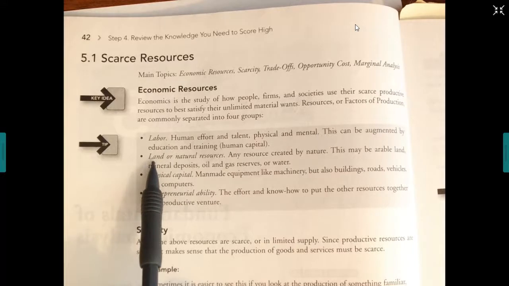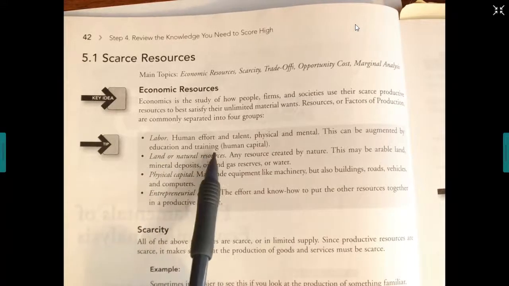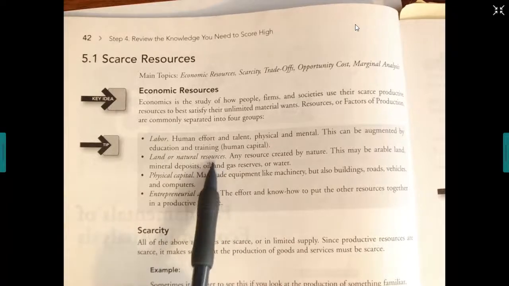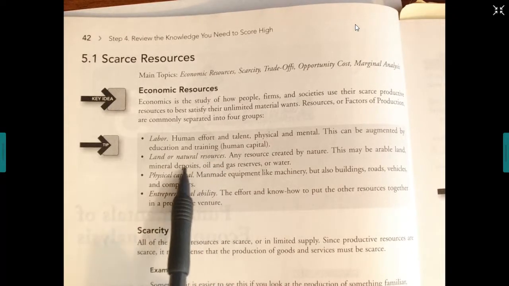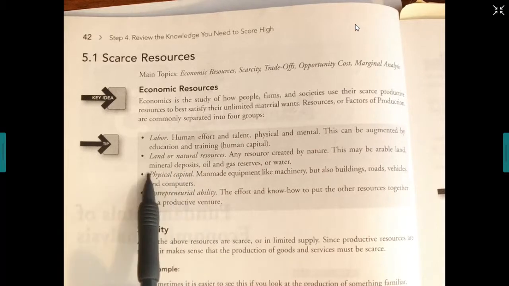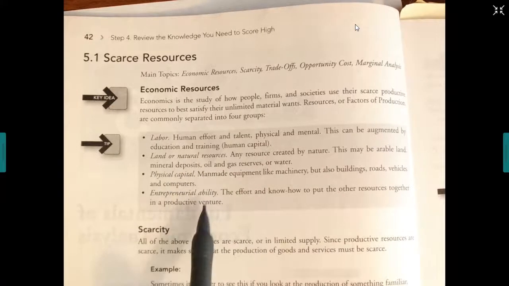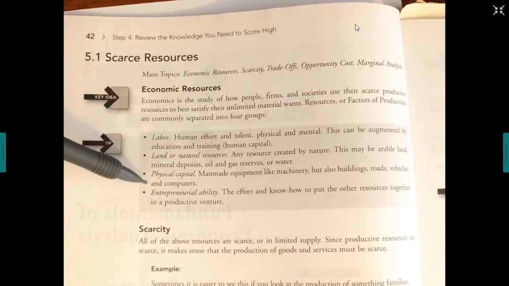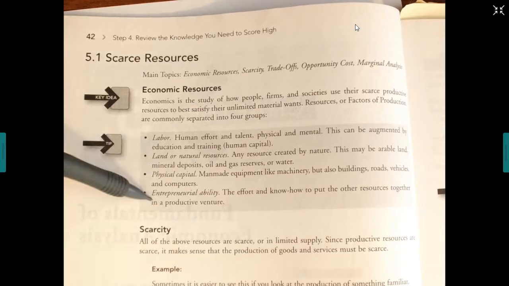You have what used to be trees that are cut down to make paper for your books, but now we're using everything electronically. Capital is clearly all the electronic devices that we're using to transport this information to you. And the entrepreneurial ability is somebody who came up with the idea of, hey, let's bring all these laborers together, mix it in with these natural resources and capital to make a school.